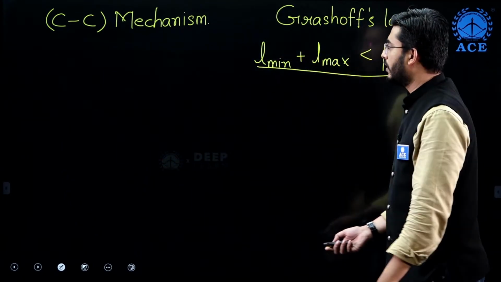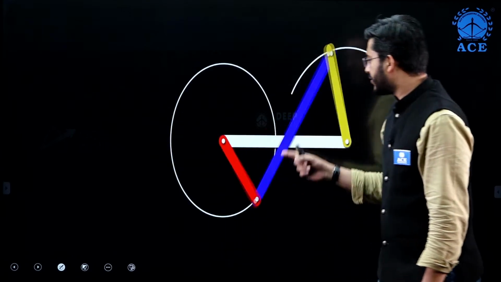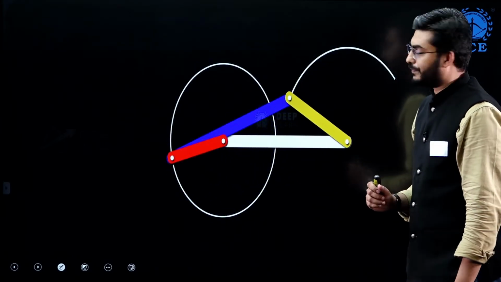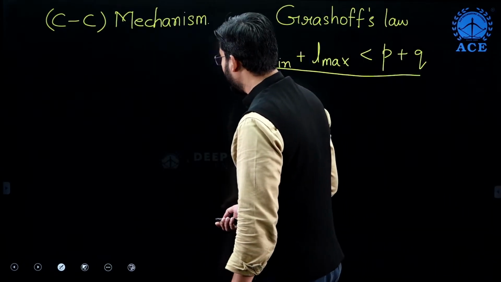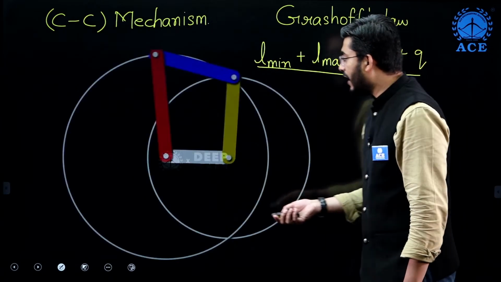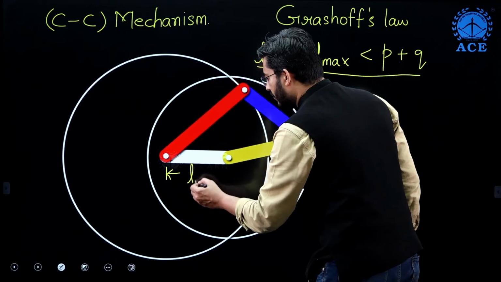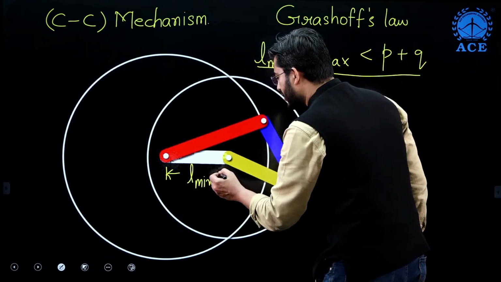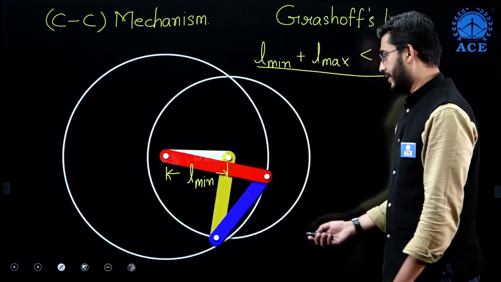Similarly, another inversion, that is the crank-rocker mechanism. In the first inversion, we were fixing L minimum itself, and when we fix L minimum, we get the double crank mechanism.